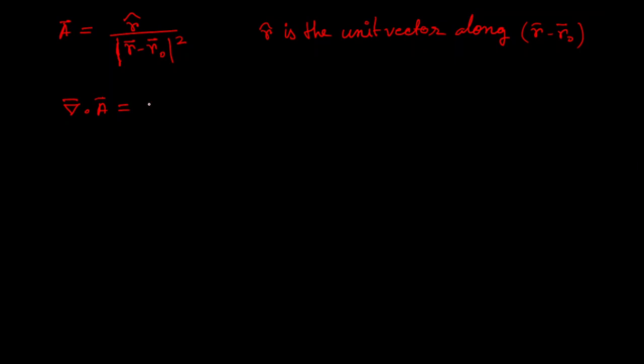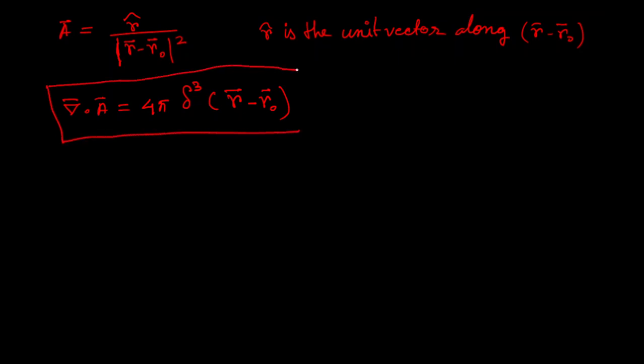This will actually give you the same result, only the peak of the Dirac delta function will be at r equals r naught. So if we get a vector like this, then we'll write 4 pi del cube r minus r naught.